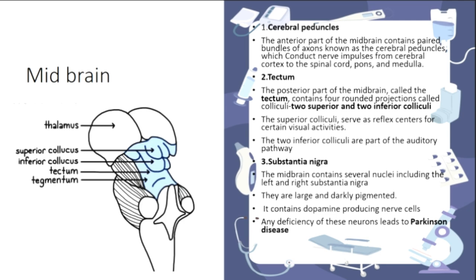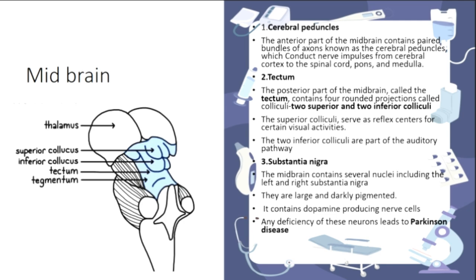First one is the cerebral peduncle. The cerebral peduncle is the anterior part of the midbrain, and it conducts nerve impulses from the cerebral cortex to the spinal cord. And next is the tectum. Behind the cerebral peduncle, this tectum is present. In this picture, you can clearly see the cerebral peduncle present in front, and at the back of that you can see the tectum, right?